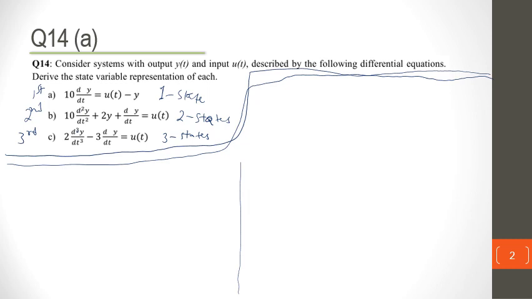Now let's solve question A. Question A is the first order differential equation, so there is one state, and that state is x. We let x equal y. This becomes our state.